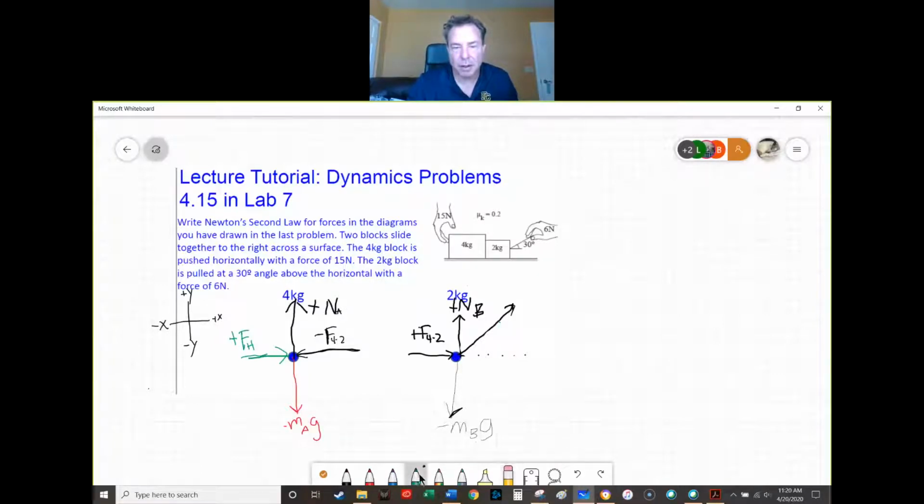Going to make the angle a little bit smaller. So while we're here, I'm going to label that a tension force. And we're going to break that up into up and down and left and right. And that's a tension T of 6 newtons, by the way.